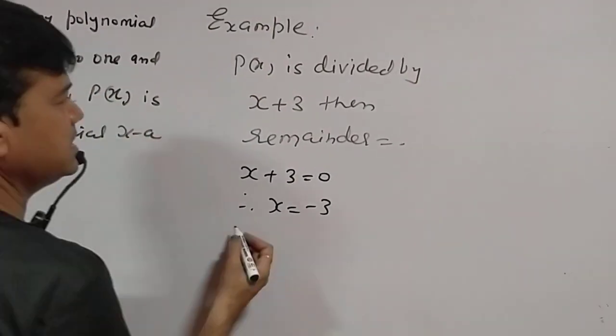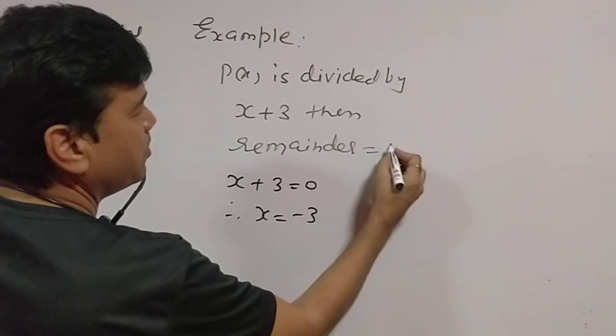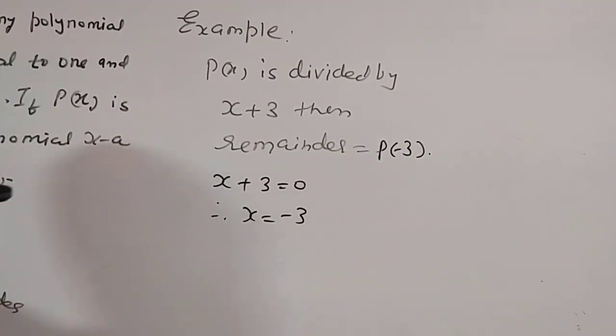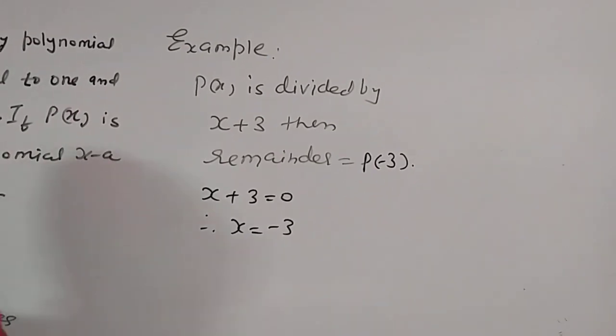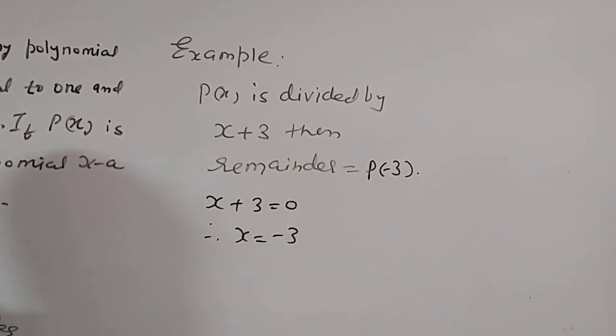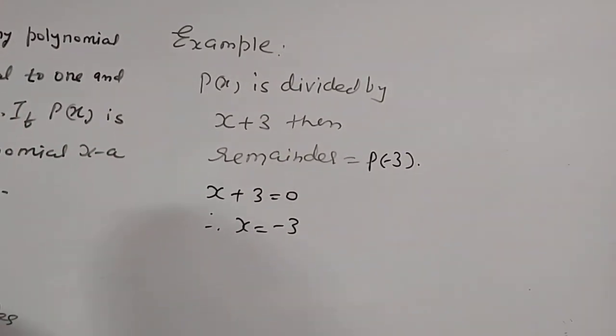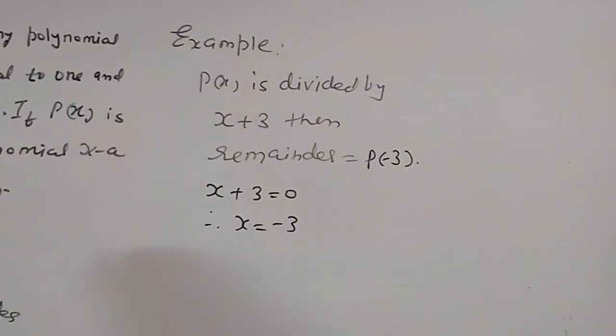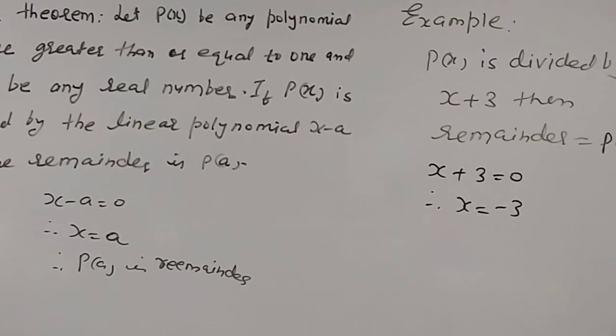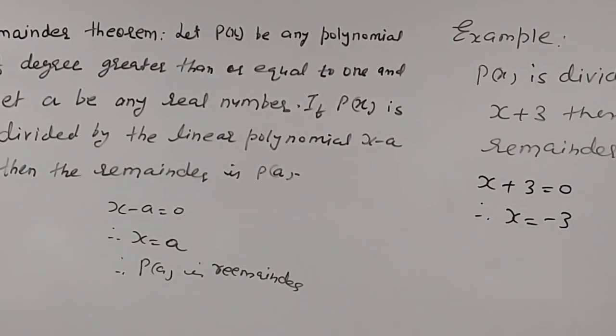So the remainder is p of minus 3. Similarly, you can find the remainder in exercise 2.3. So this is the remainder theorem. Now we will start exercise 2.3.